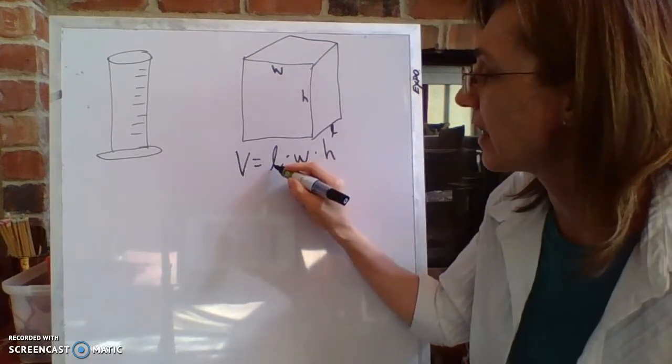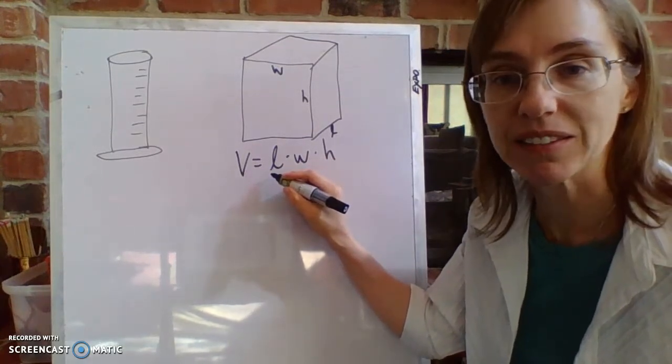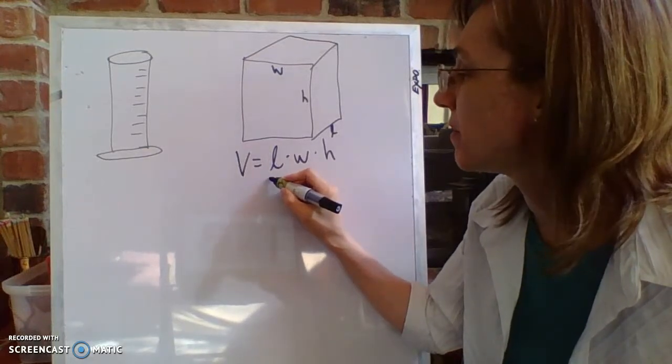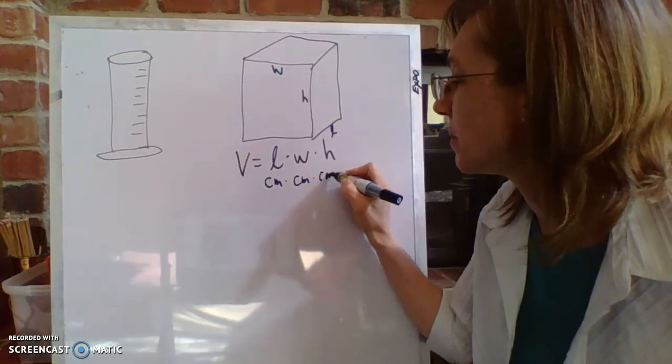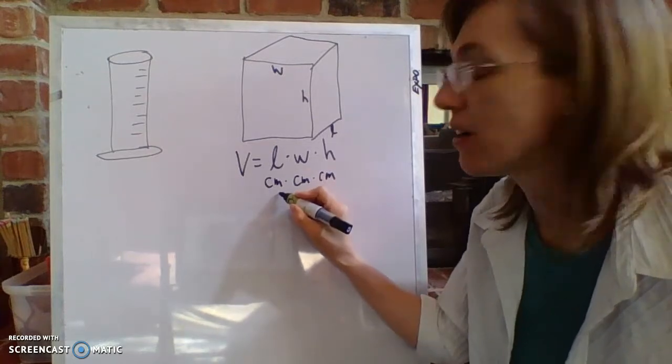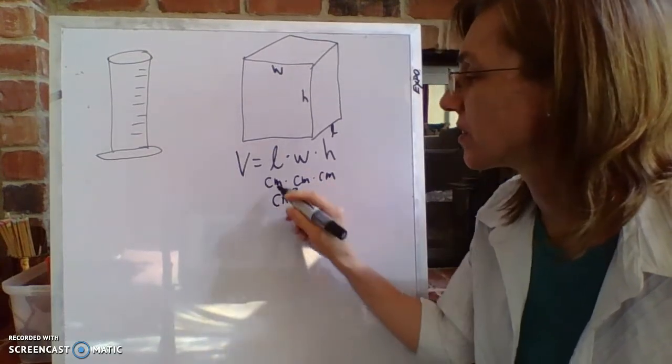But length, width, and height are usually measured as a length, right? So this would be, for example, centimeters times centimeters times centimeters. So your volume measurement for a situation like this would be centimeters cubed. There are three of them.